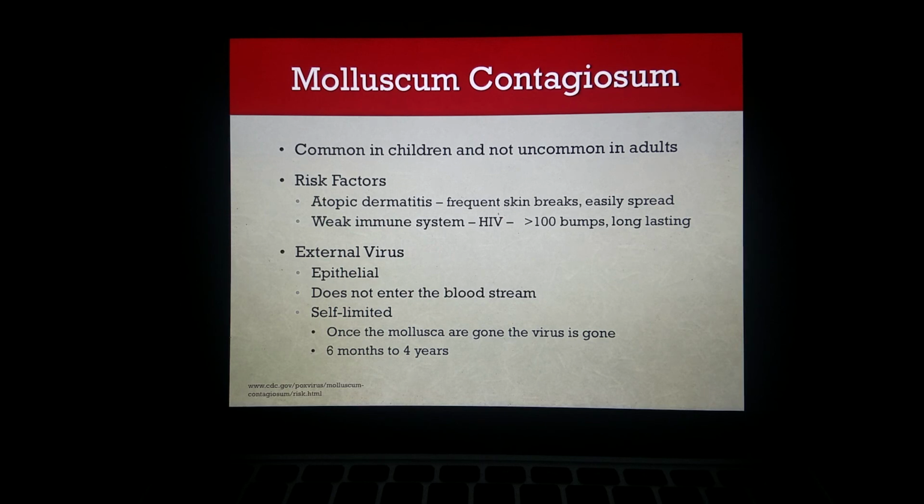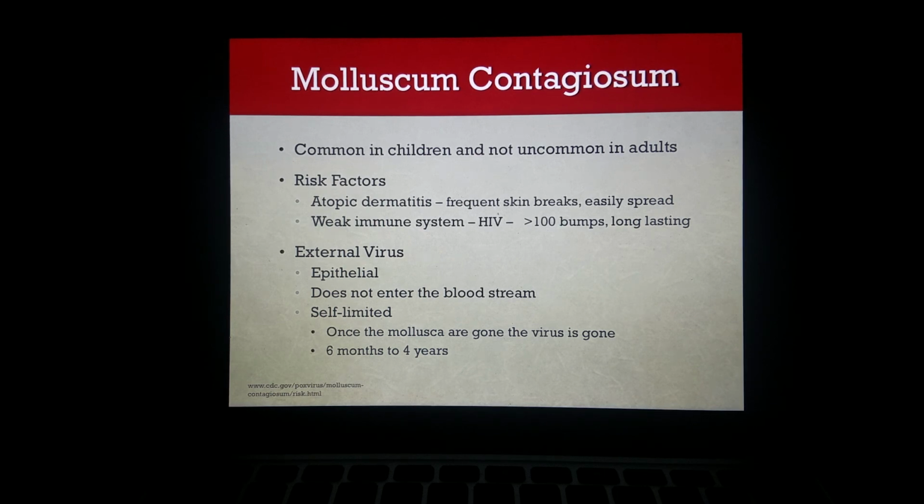And so sometimes if you see more than 100 bumps or large bumps or long-lasting bumps that don't go away within a couple months, that could be an indication that there is some underlying immune system suppression, maybe some HIV that should be checked out.